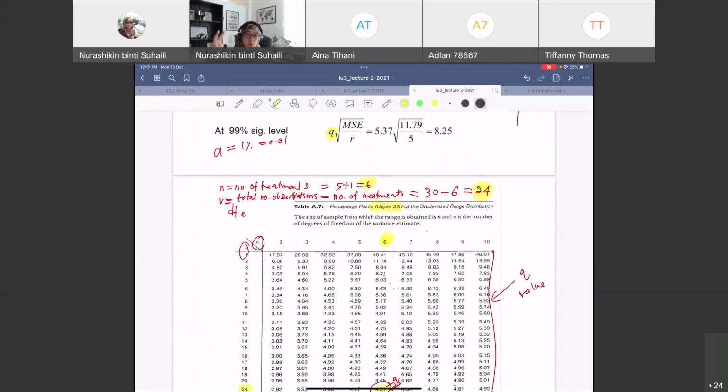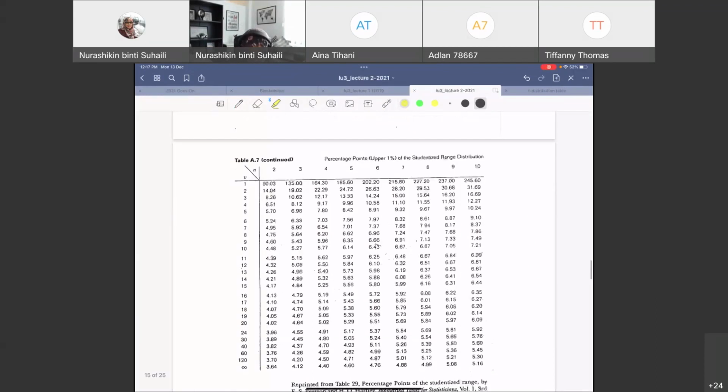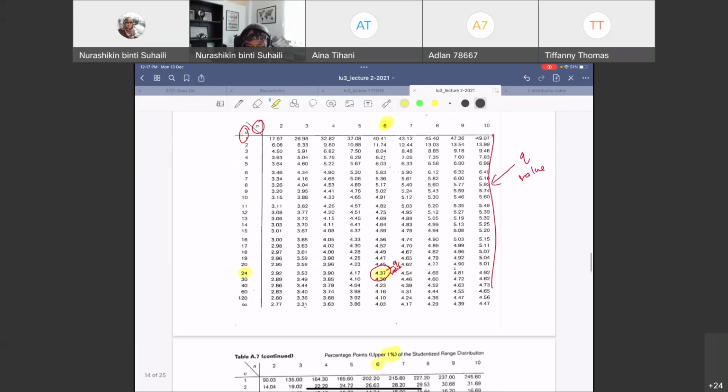Okay, there are two tables. This one is 5%. Another table is 1%. So you have to refer to the right table, and you have to refer to your alpha value given in the question. If it's not given, you define it by yourself. So for this one, 24 and 6, it's 5.37. So it's different based on the alpha value.